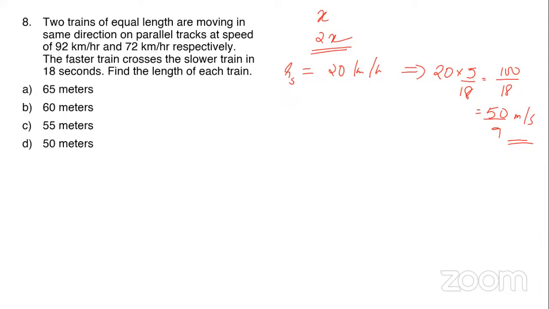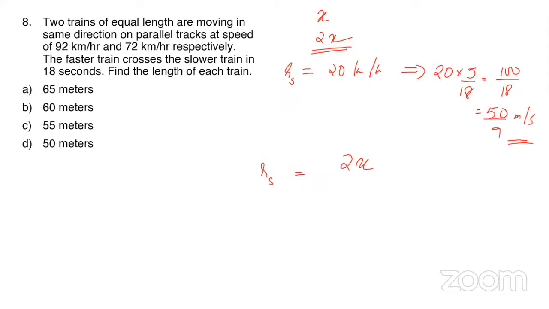Now we can find the relative speed by another method also. The relative speed of the faster train is equal to the total distance covered divided by the total time taken to cross the slower train, because speed is equal to distance by time.